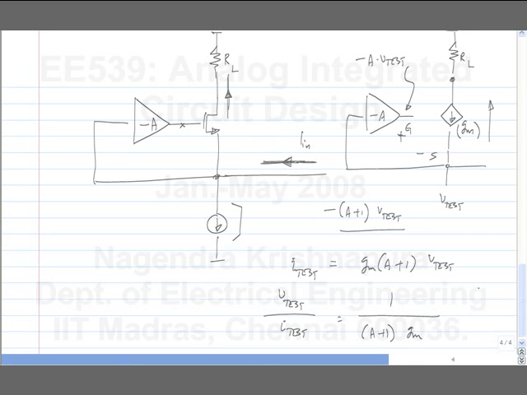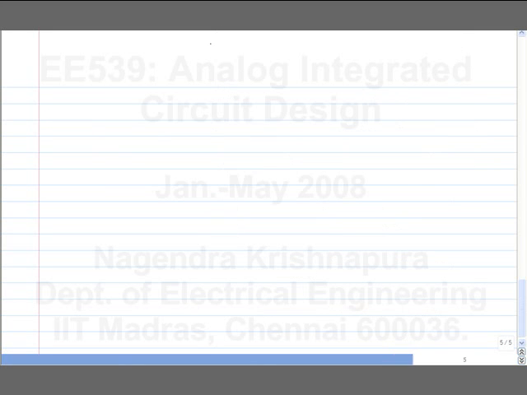Or common drain amplifier. The drain is grounded. Now the only question is where to apply the input, and clearly the input must be applied here. The output is taken here.